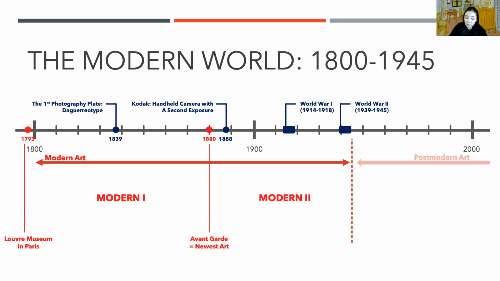So artists needed something new rather than realistic art. That art movement is called avant-garde, meaning newest art. After avant-garde, art history began to write a totally different story.